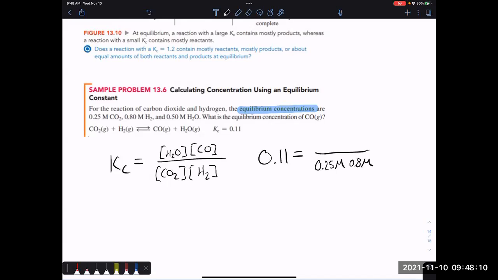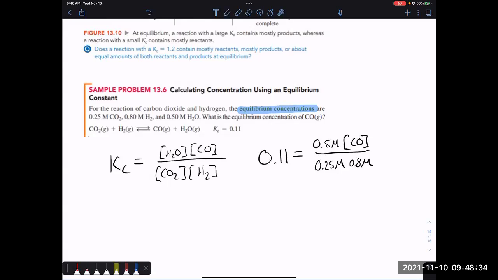Carbon monoxide is what we're looking for. So we can leave that as CO. Oh, let me move that over so it matches. And then water here, note that we're including water this time because it's gaseous water. It was liquid water before. And that's going to be 0.5 molar.